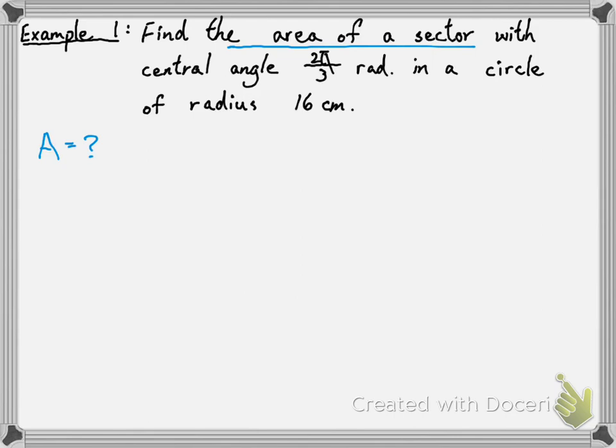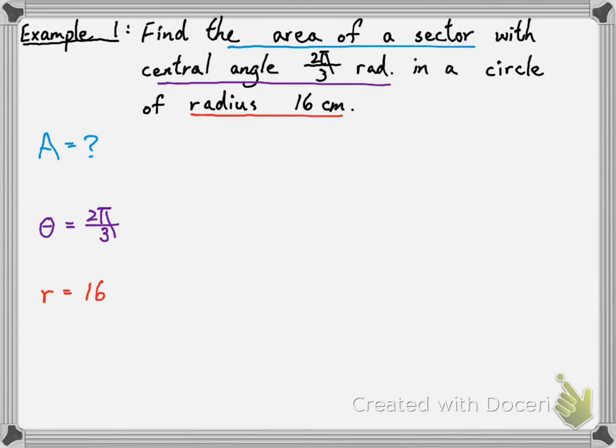With the central angle 2 pi over 3 radians, theta equals 2 pi over 3 radians. In a circle of radius 16 centimeters, r equals 16 centimeters.